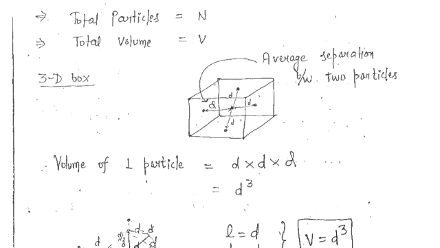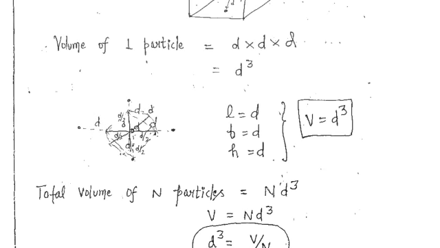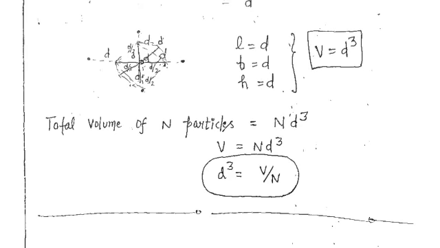Each consecutive pair of particles has the distance d between them. Now we found that the volume of one particle is d cube. So for n particles it will be n d cube. V equals n d cube. Volume of n particles in the container will be n d cube.